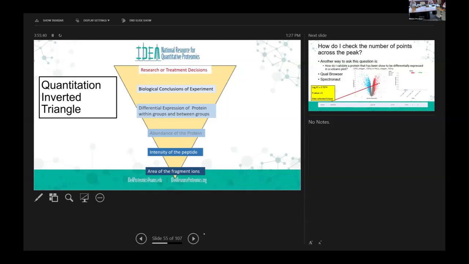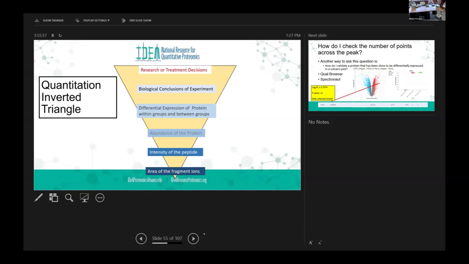I haven't patented this yet, so if you want to steal this, I would be so flattered, but I made this up. I thought, why is it so important that we're so interested in the points across the peak, trying to find that at the very bottom of this triangle, the area of the fragment ions? How important is that?